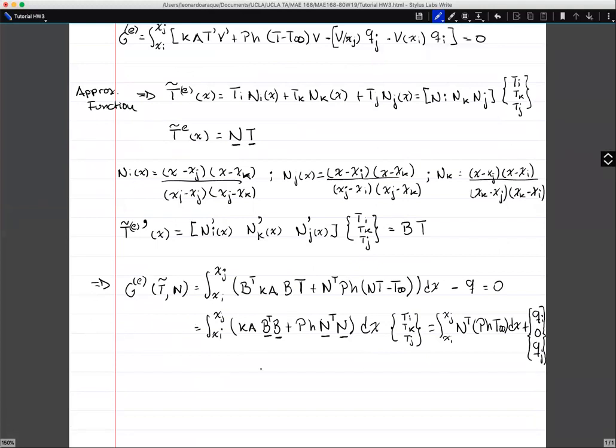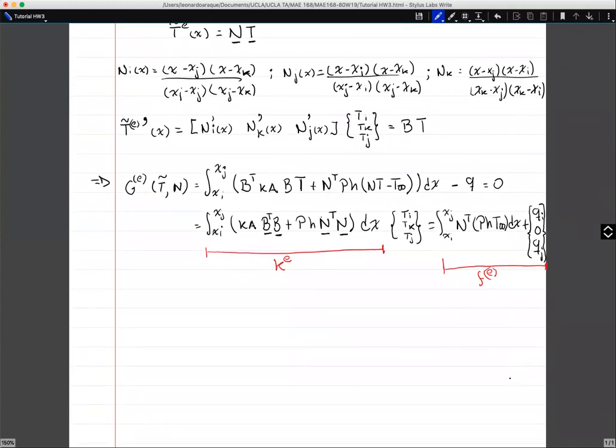So you can see that on the left-hand side, all these integrals belong to the stiffness matrix for the element. And on the right-hand side, all these terms belong to the force vector.